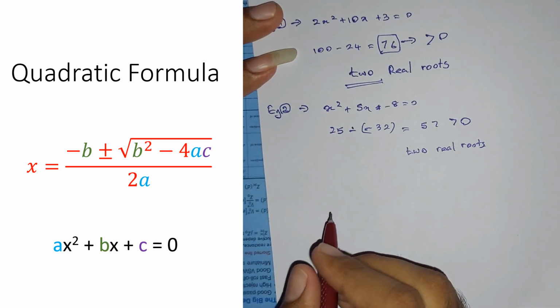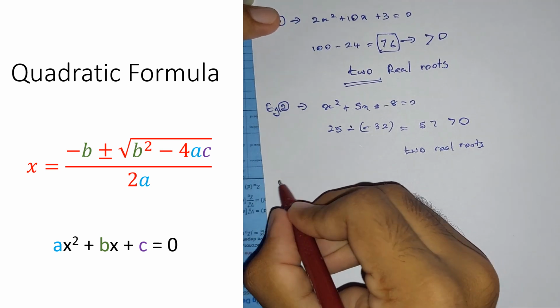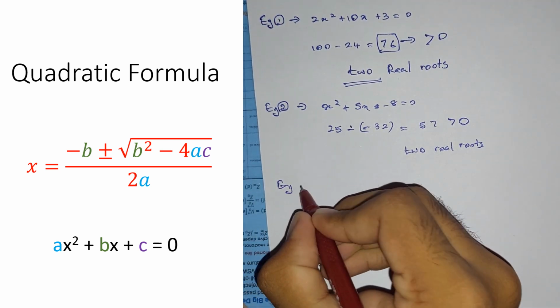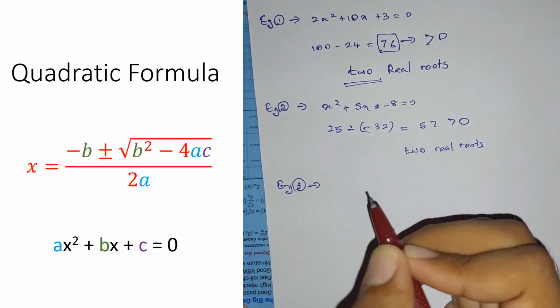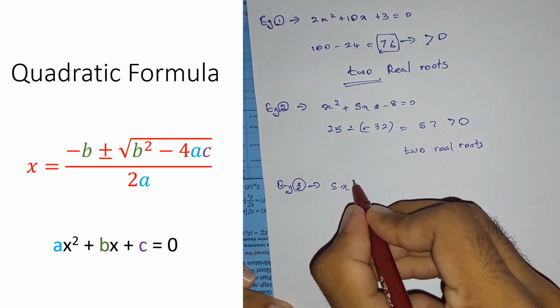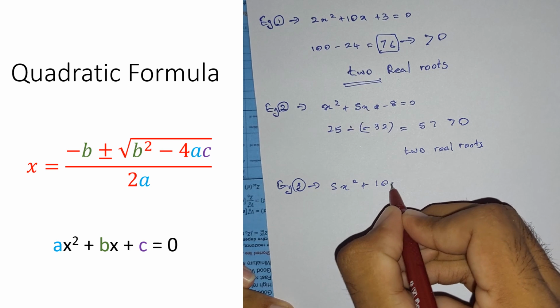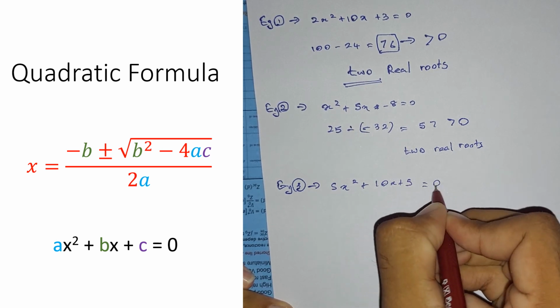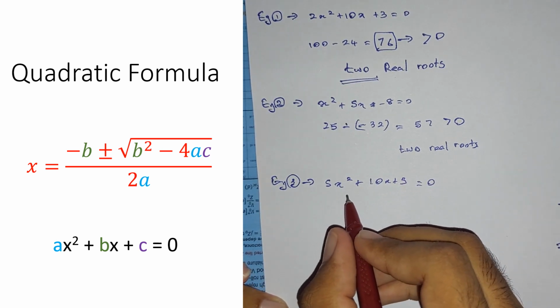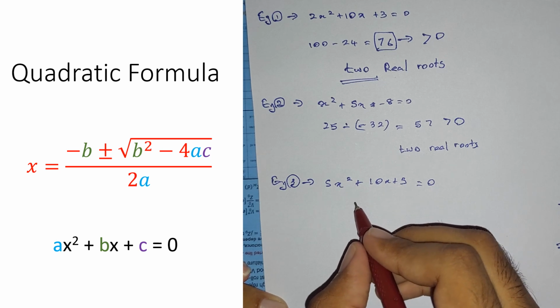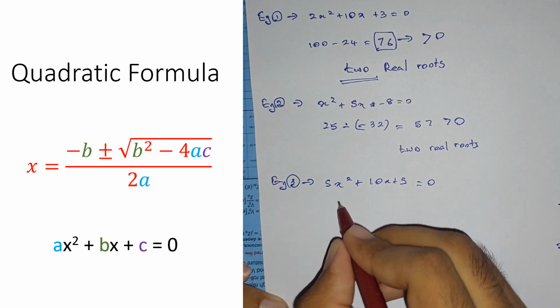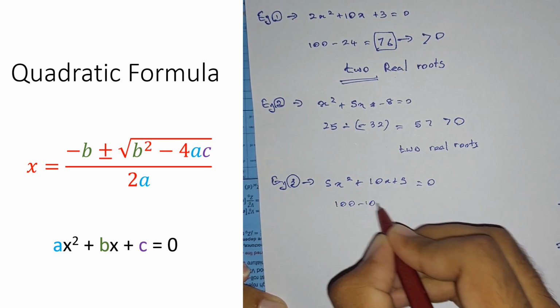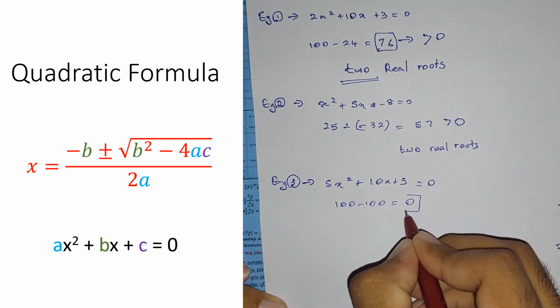Example 3 was 5x squared plus 10x plus 5 equals 0. We ended up with a discriminant of 100 minus 100 equals 0.